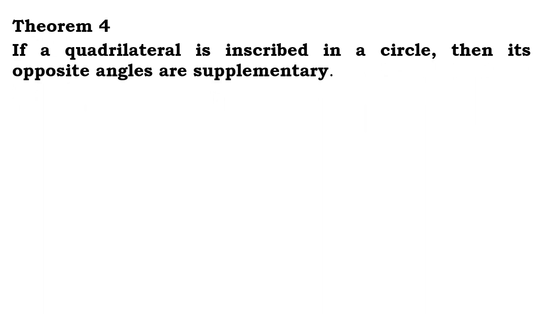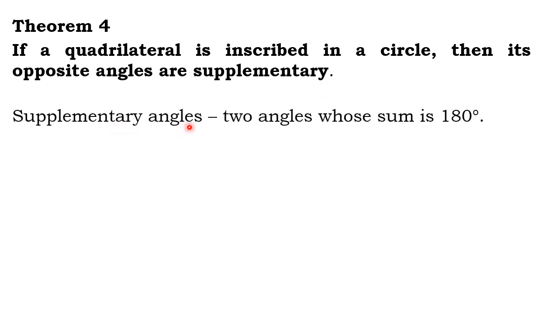Okay, let's move on with theorem number 4. Theorem number 4 states that if a quadrilateral is inscribed in a circle, then its opposite angles are supplementary. What do you mean by supplementary? Supplementary angles refer to two angles whose sum is 180 degrees.